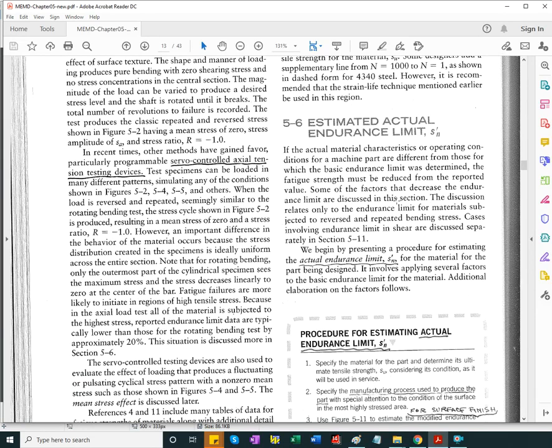Now, for a part that has a different diameter but also reverse bending, that is R-1, but the size is different, the surface finish is different. You want the probability of failure to be less than 50%, that is, reliability higher than 50%, let's say 90% reliability corresponding to 10% probability of failure.